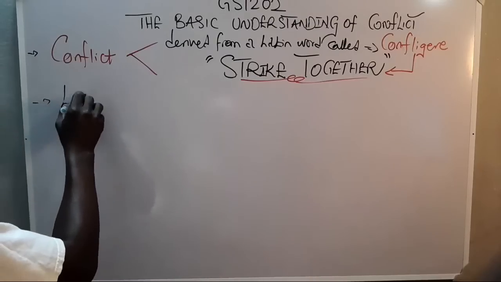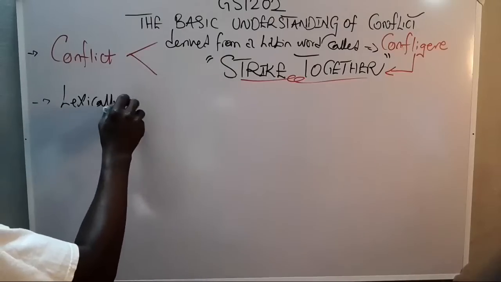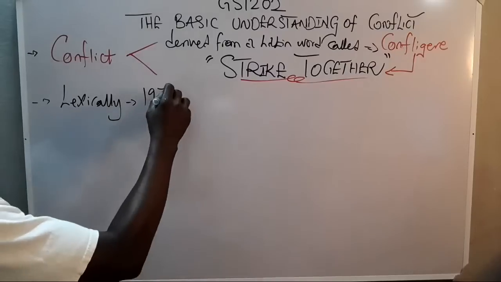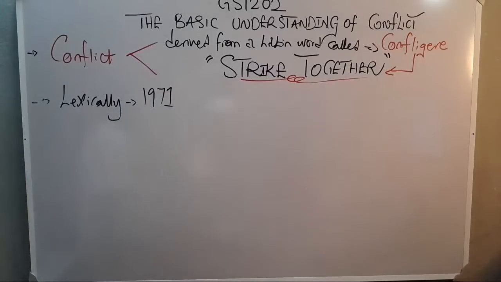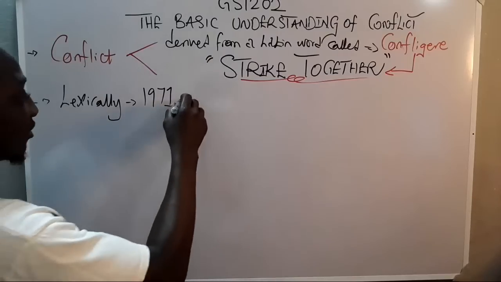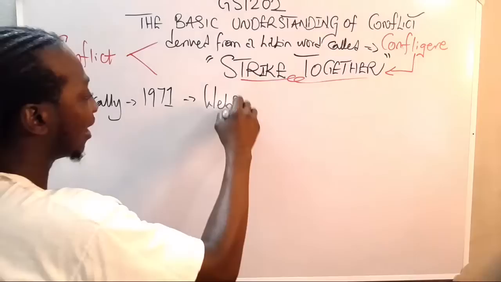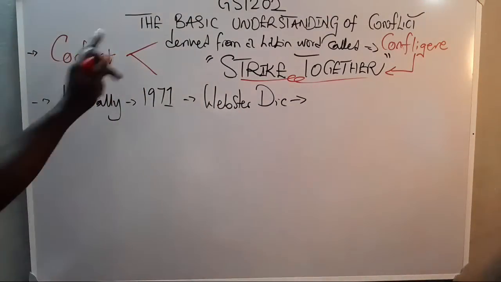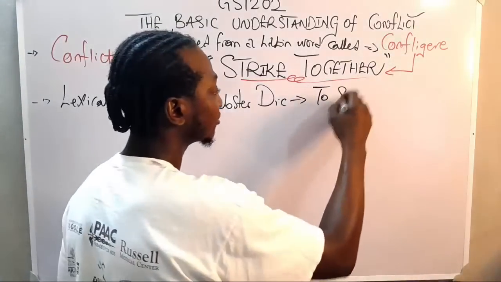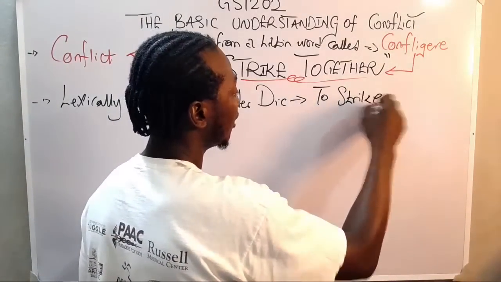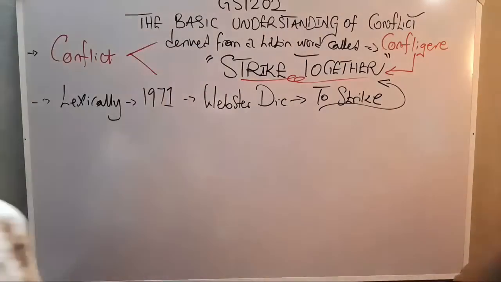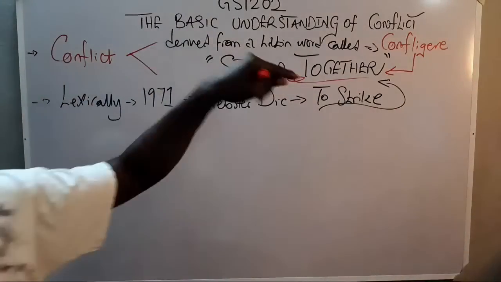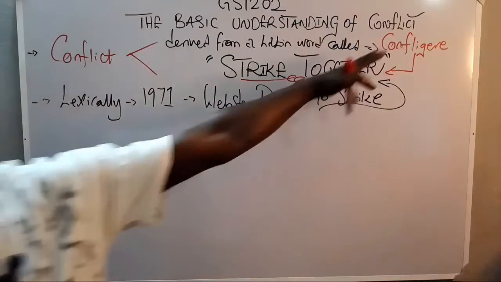So we have Webster Dictionary saying the term means to strike, which is still pointing at the origin of this word from the Latin word confligere.